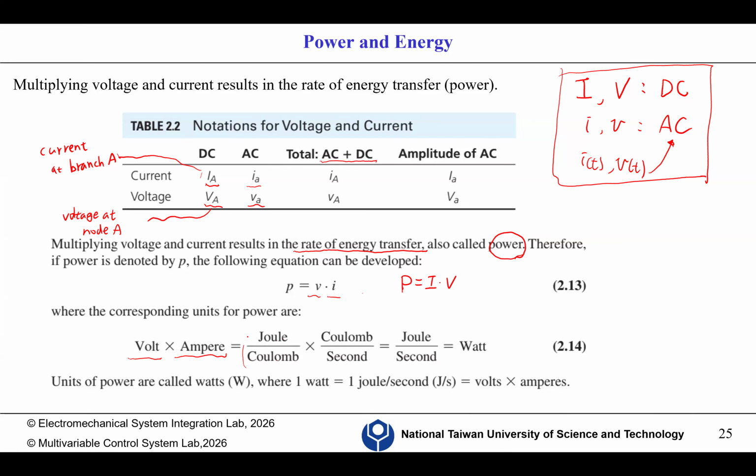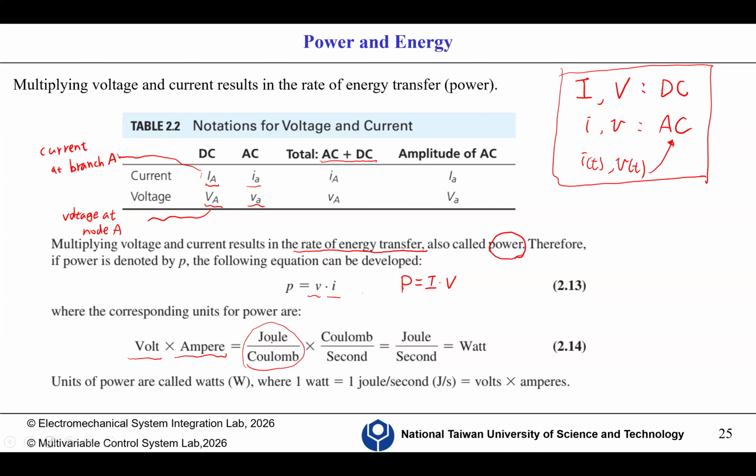And if you remember, 1 volt means you are giving 1 joule of energy per coulomb of charge.